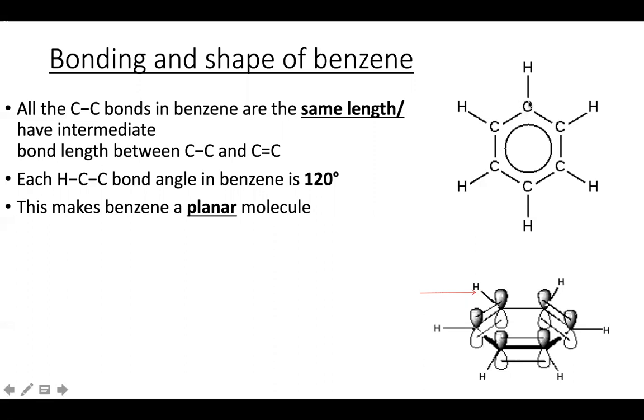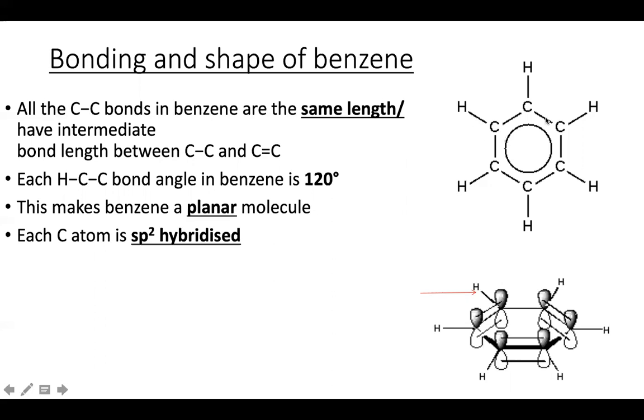So carbon number 1 is trigonal planar, carbon number 2 is trigonal planar, same goes for 3, 4, 5, and 6. Each of these carbon atoms only has 3 bonds around it. Because they are all trigonal planar, this makes your benzene molecule a planar molecule, a flat molecule.